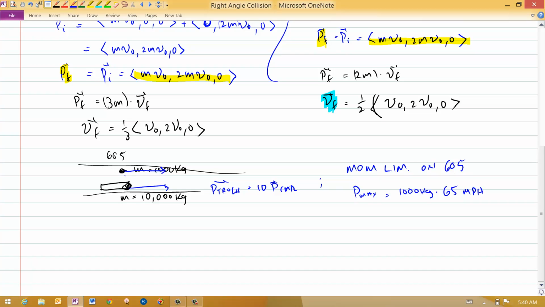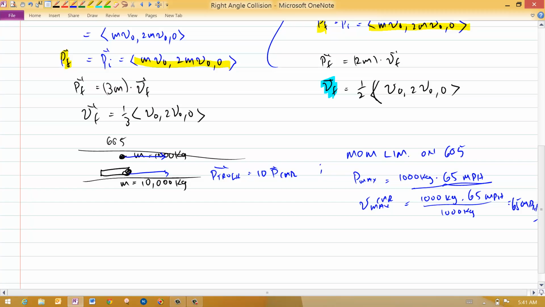the car is perfectly happy. The car has a mass of 1,000 kilograms, and its maximum velocity is 65 miles an hour, so V max for the car is going to be this momentum limit, 1,000 kilograms times 65 miles per hour, divided by the mass of the car, which is 65 miles an hour.